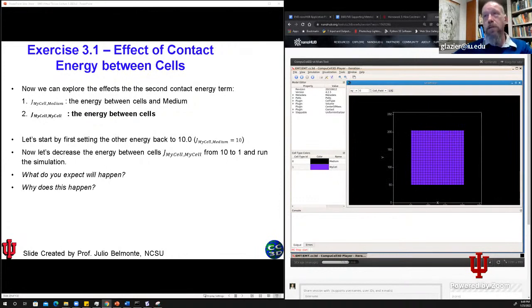Okay, so everybody should have the simulation. And so before we were running this and we were changing the energy between the cells and the medium.